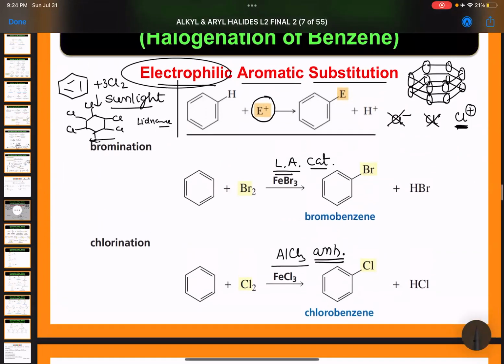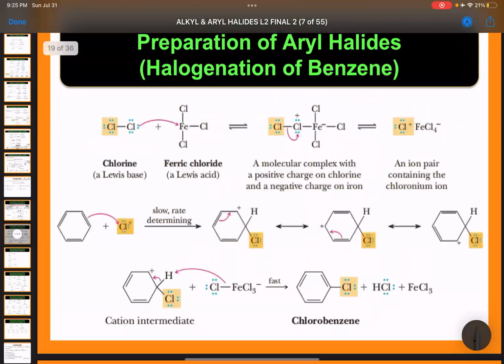So you can generate Cl plus, or Br plus, by taking chlorine and a Lewis acid. So what does this Lewis acid do? A Lewis acid is a molecule which can accept an electron pair from any other molecule.